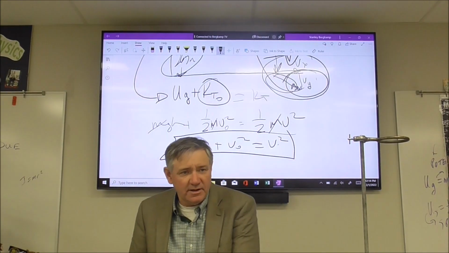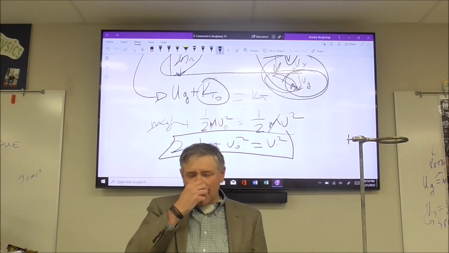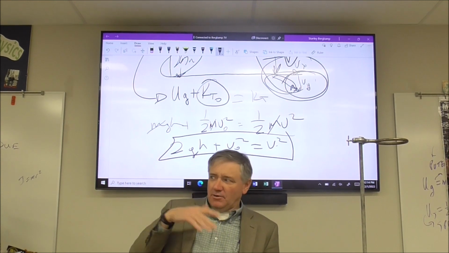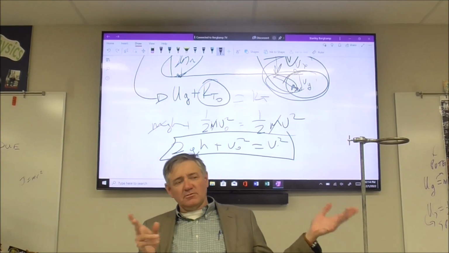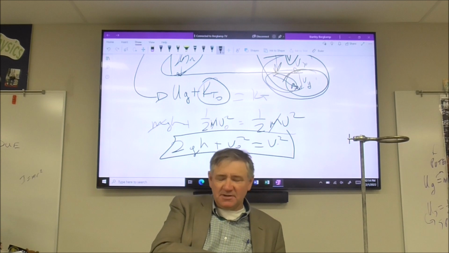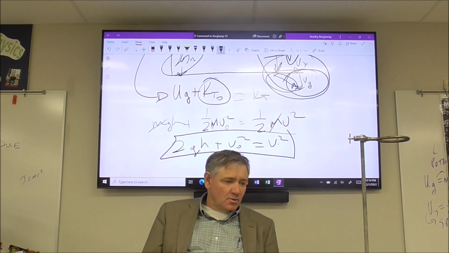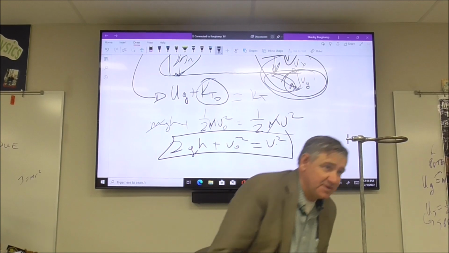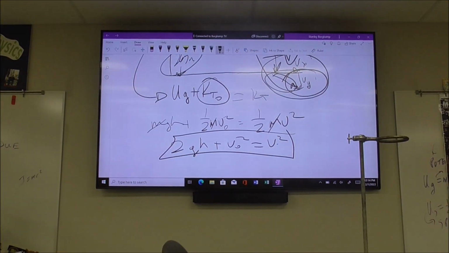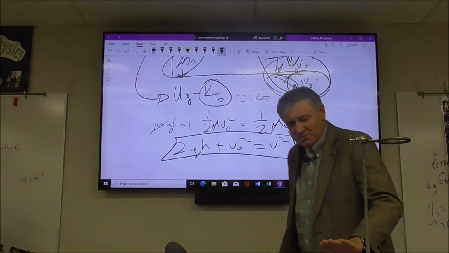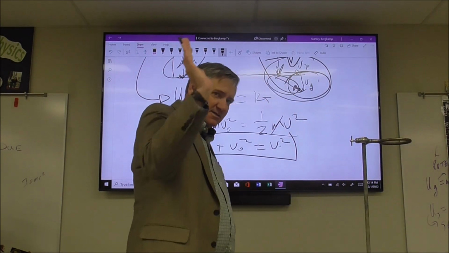So here's the deal. This lab is kind of cool because it's going to go old school back to the very first lab that you did, but yet new school in terms of energy. The setup is going to be like this. Make sure that you clamp this down so that it doesn't tip over.